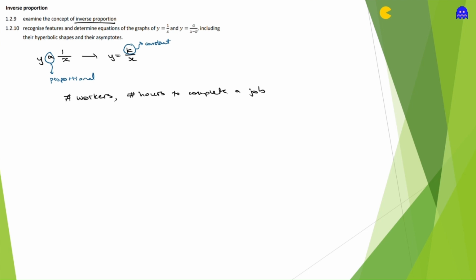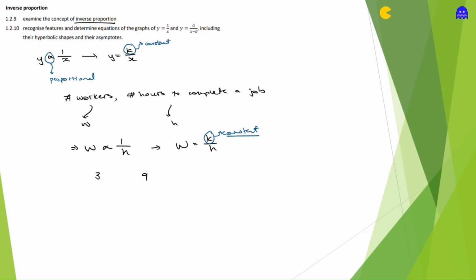And so if we let, for example, the number of workers be W and the number of hours to complete a job be H, then we know that W is going to be inversely proportional to H. More specifically, we will have W is equal to k over H, where k is our linking constant, as before. So if, for example, we have 3 workers, it takes us 9 hours to complete a job.